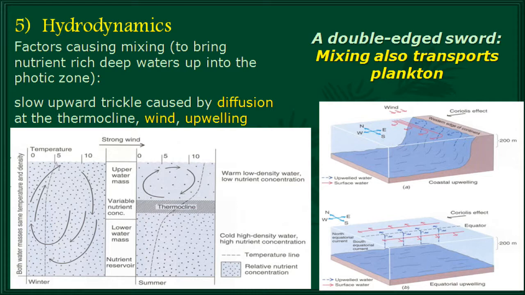So mixing cannot be too much. It has to be, in a way, just right, so that it doesn't cause too much turbulence for the plankton or cause it to be spending too much time at the bottom of the water column where there's not enough light anyway.